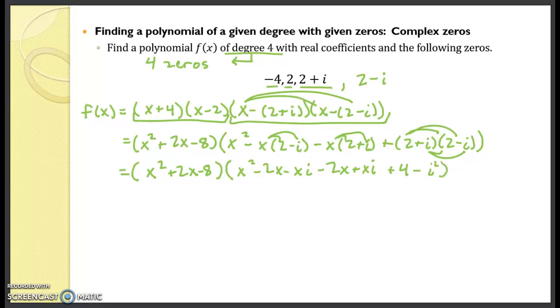And that came from the 2i and the negative 2i canceling out. So negative xi, positive xi, and then i squared is -1. So we're subtracting a -1 right here, so it's like adding 1. So we end up getting 5.